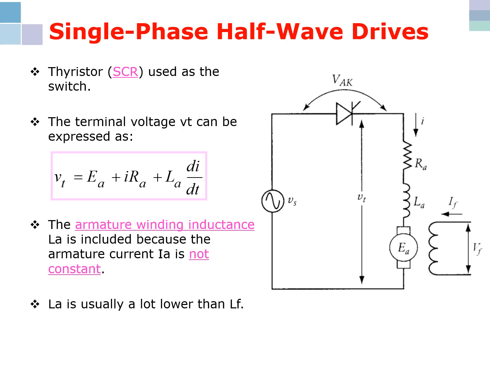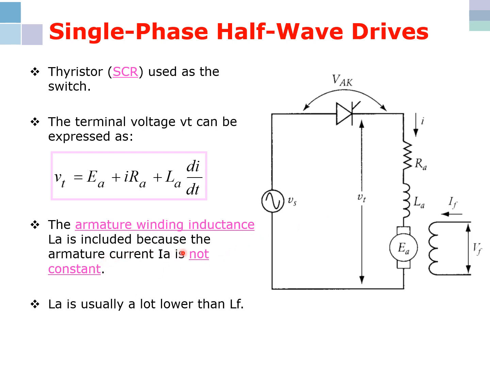For the single phase half wave drives, according to the circuit, if you still remember for the separately excited DC motor, this is the complete circuit, where the thyristor is used as the switch. The terminal voltage Vt can be expressed as Vt equals Ea plus Ia Ra plus La dIa/dt.